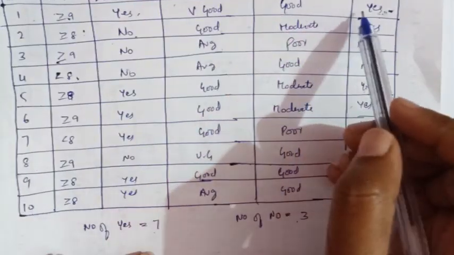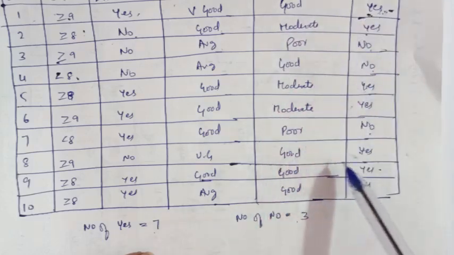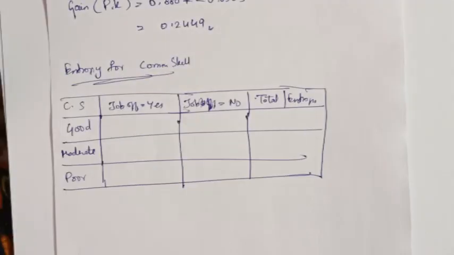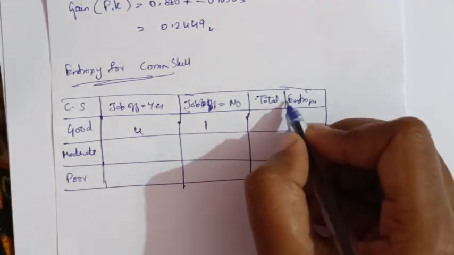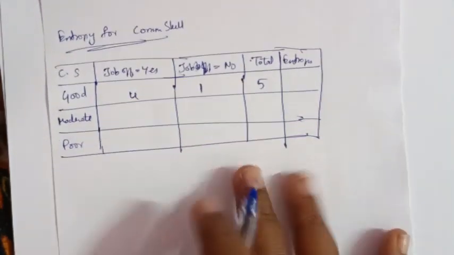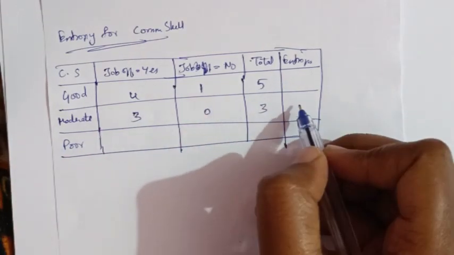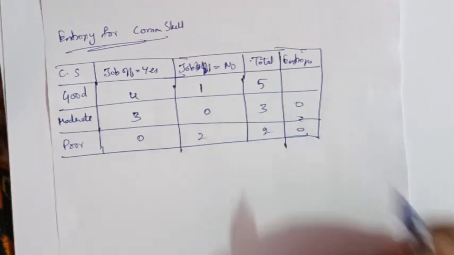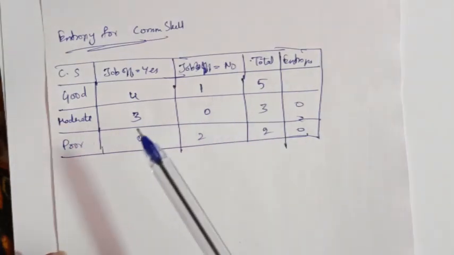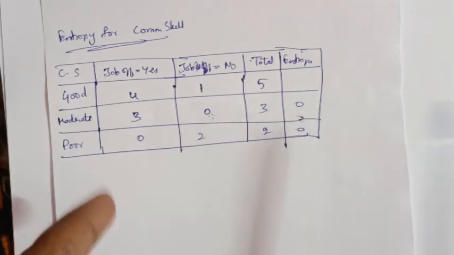For good we have yes. How many yes do we get? 1, 2, 3, 4. We will get 4. And no is 1. That means total will be 5. Now we have to calculate entropy for this. Here we will get 3. We have 0, 3. If we have any of these as 0, we will get the entropy as 0.